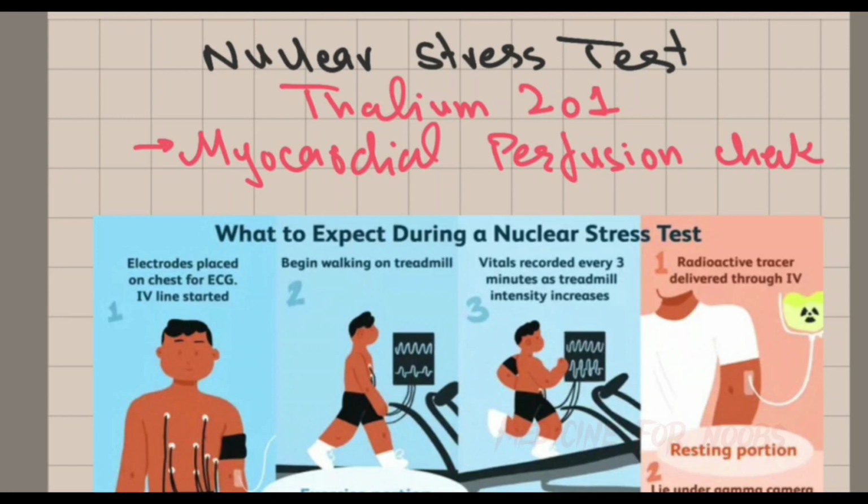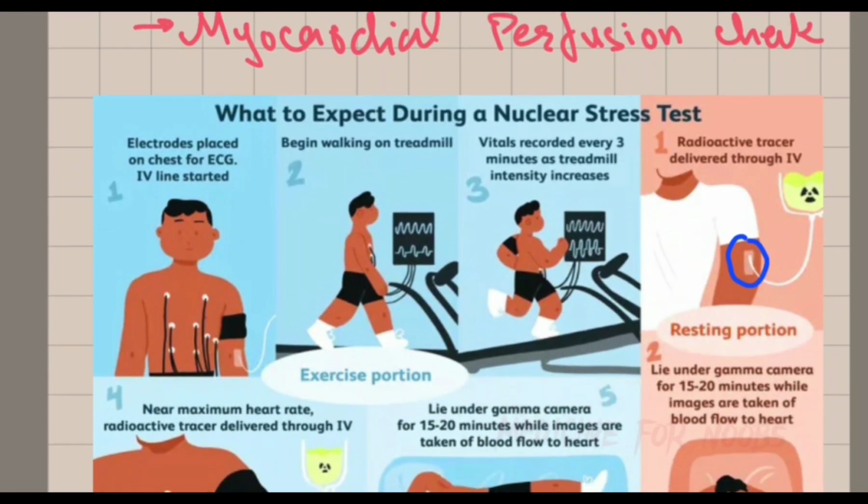There is also another test called the nuclear stress test, in which thallium-201 is injected into the body, and this is taken up by healthy myocardial cells. In this test we check myocardial perfusion.